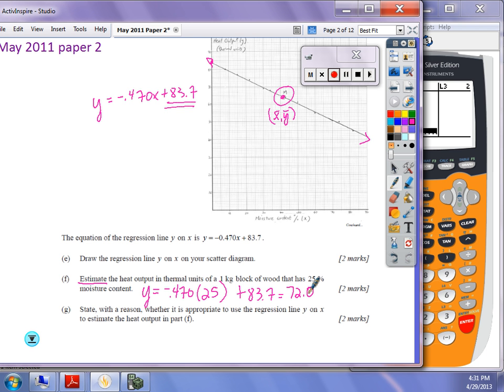Now, the next question asks, state with a reason whether it's appropriate to use the regression line to estimate the heat output in part F. So there are 2 things that they're kind of looking for. Answer the question, yes, it's appropriate, and then we're going to give 2 reasons. One is, since 25% falls within the data set, then the regression line is appropriate.